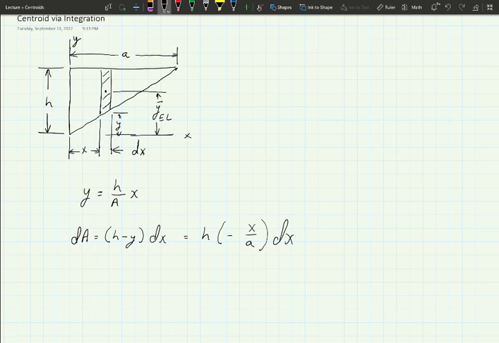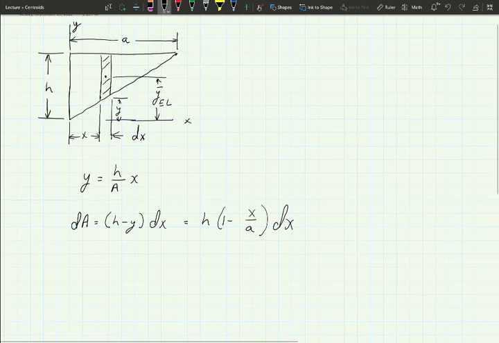I'm sorry. The dA based on y will be that, and on the x side will be this. Depends which way we're playing the dA for which set of equations. So keep that in mind.